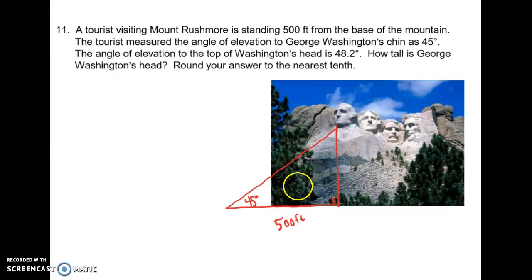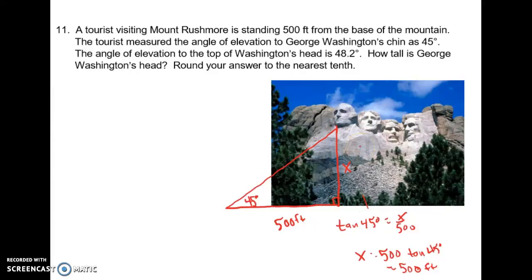What I want to know then is how far is his chin from the ground? So let's call that x. At my 45 degree angle, I've got my opposite and adjacent, that's the tangent. So the tangent of 45 degrees is x over 500. So x is 500 tangent of 45, and the calculation would basically just give me 500 feet.